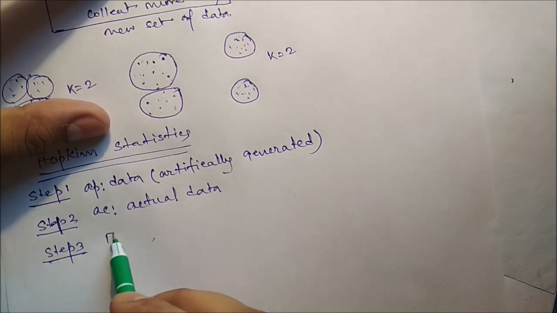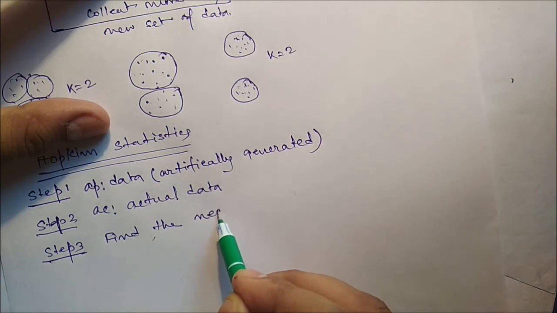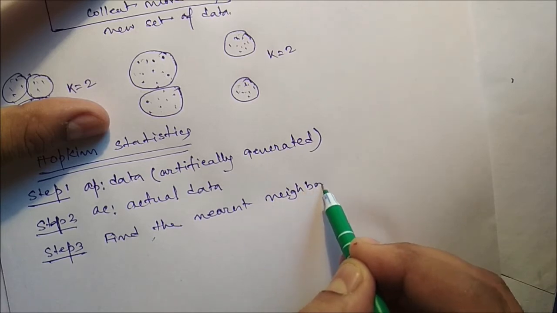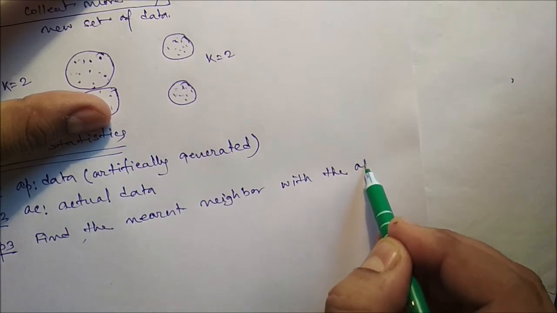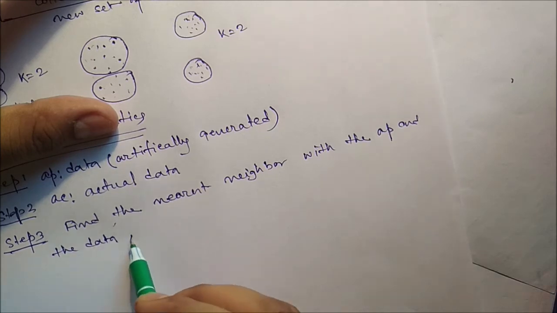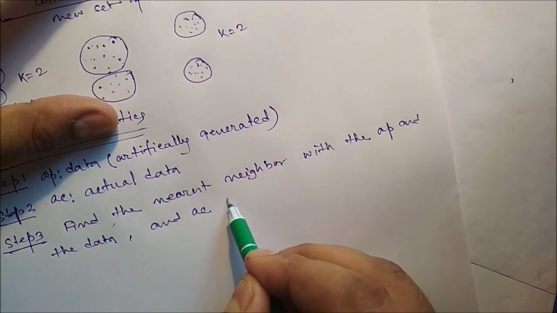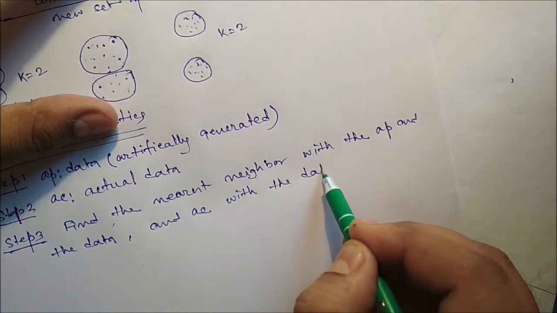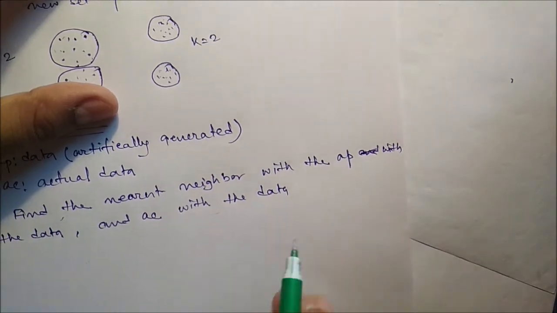So find the nearest neighbor of AP with the whole data, and of AC with the whole data.